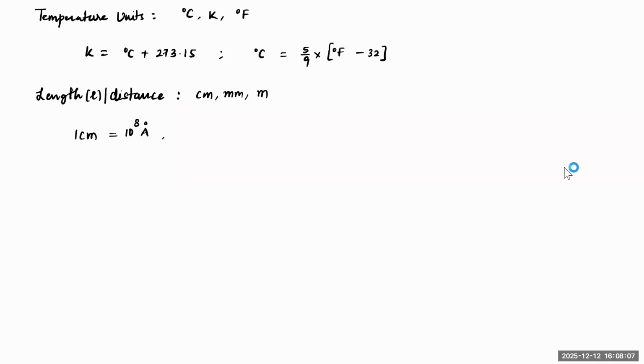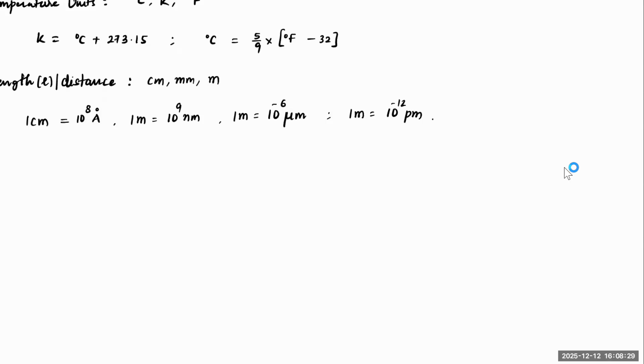Okay. And 1 meter is also equal to 10 raised to power of 9 nanometers. And 1 meter is also equal to 10 raised to power of 6 micrometers. And 1 meter is also equal to 10 raised to power of 12 picometers.